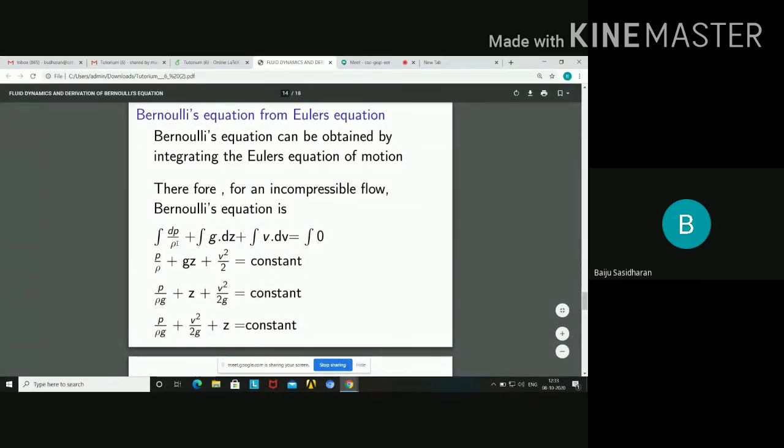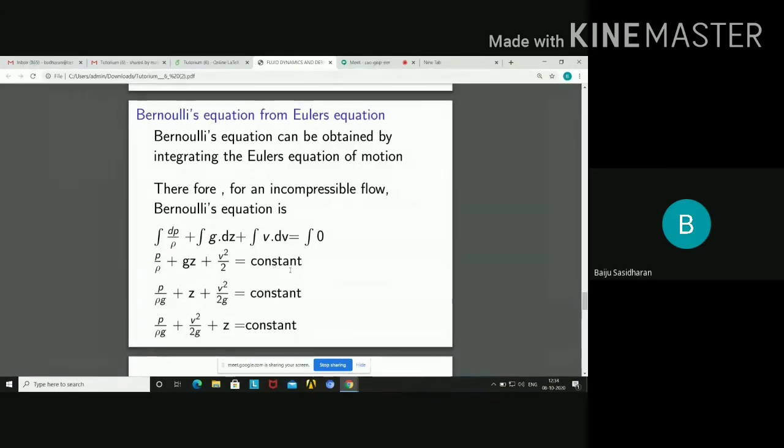On integrating these terms, you will get P by rho, g into z, and V square by 2, and integrating the 0 gives a constant. So P by rho g plus z plus V square by 2g is equal to constant.